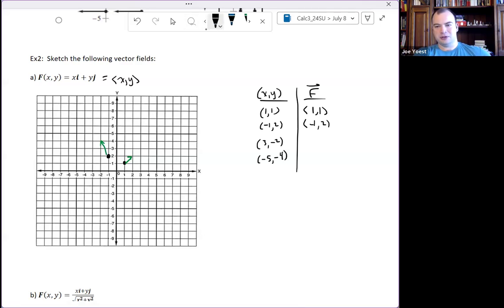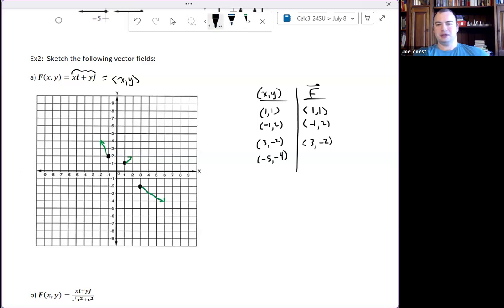For (3, -2), again, that's associated with a vector with components 3 and -2. This is a pretty simple problem to work out, right? So (3, -2) is my input point, and for the vector associated with that, I go over 3, down 2 to get to my terminal point.